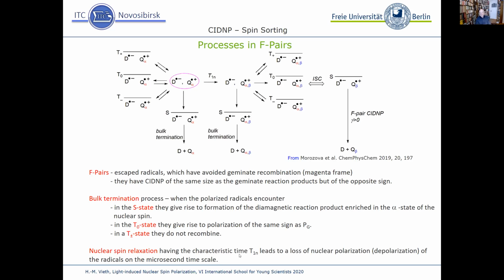And we have involved nuclear spin polarization in the radicals with a characteristic relaxation time T1 sub n that leads to a loss of nuclear polarization, which we created in the process. And that's because it's going on in the radicals, is occurring usually on the microsecond time scale.